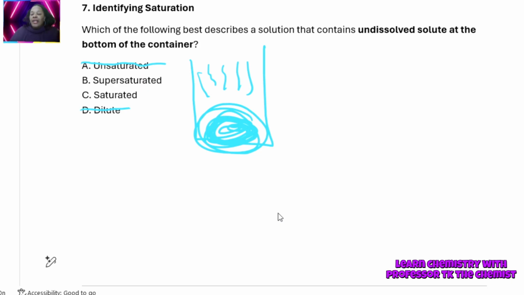So when you heat it and you have some of that stuff settling at the bottom, if the keyword says, and then crystals are produced, that tells you it would be supersaturated. So the answer to this question is letter C, saturated.